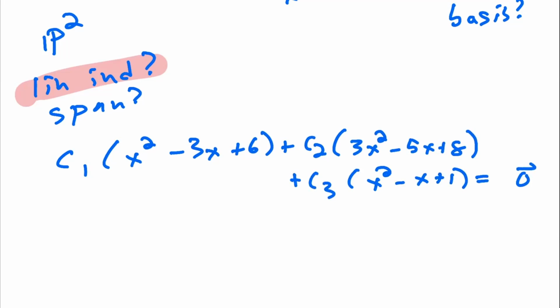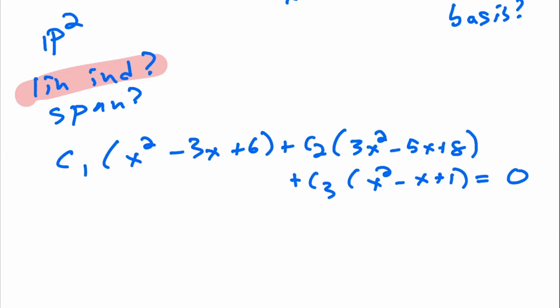Let's be careful. The 0 vector here is the 0 polynomial. I'll write the 0 polynomial as the one that's identically 0, the one that's 0x squared plus 0x plus 0, right? That's what we're keeping in our head.